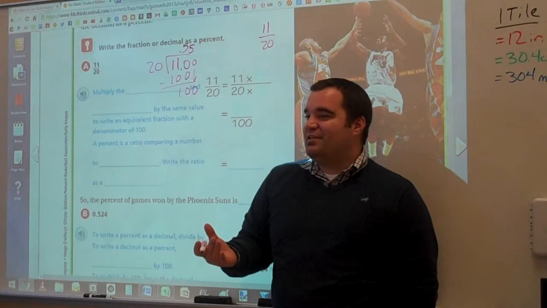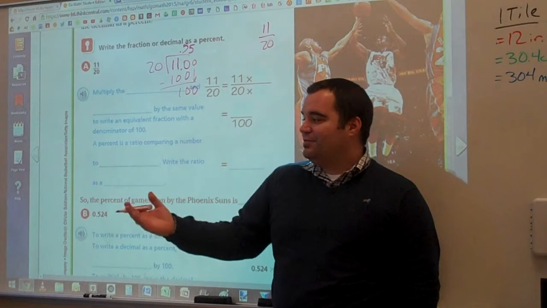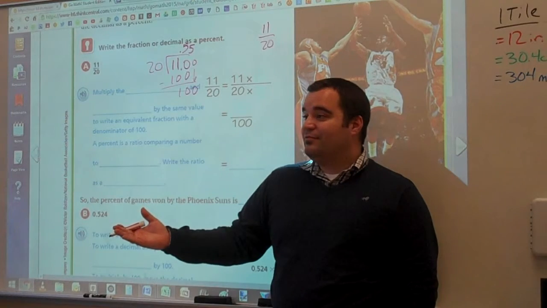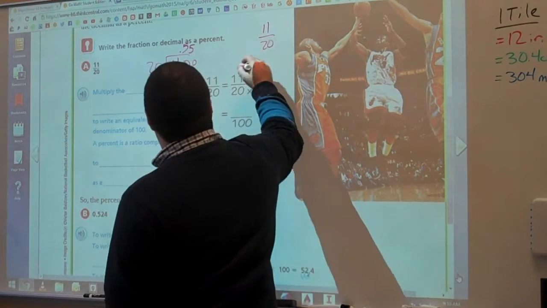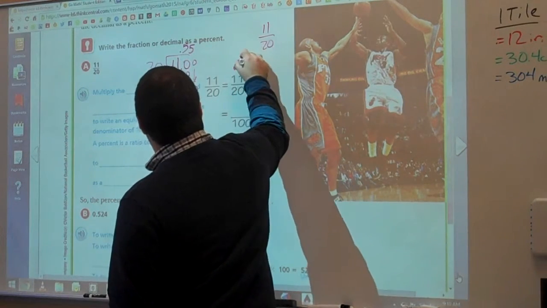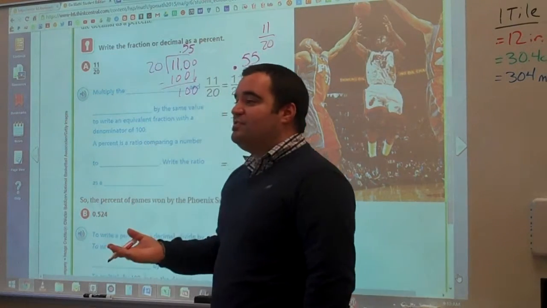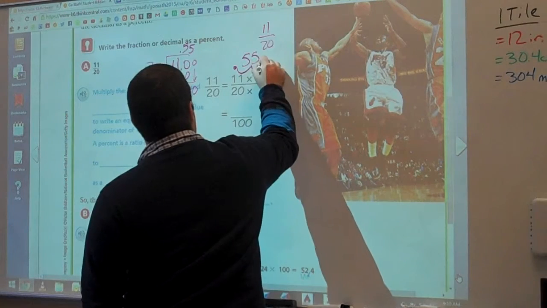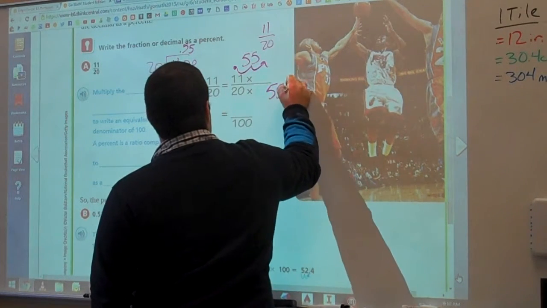Do you know how to turn a decimal into a percentage? You move the decimal point 2 times to the right. To the right. 0.55. Now I go 2 times to the right. 1, 2. It's like the exact opposite of what we did before.